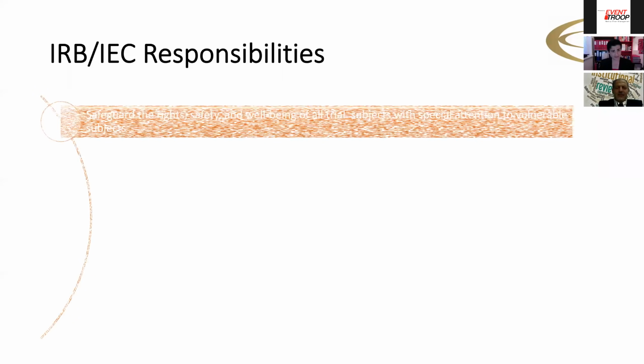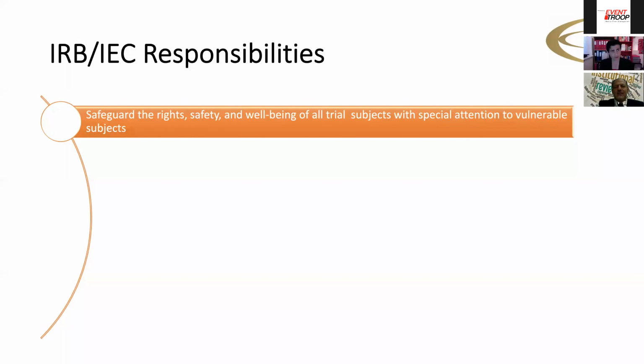Well, this is it. As IRB members, we are going to protect the rights, safety, and well-being of subjects with special attention to vulnerable subjects. Now, what do we mean by vulnerable subjects? Well, vulnerable subjects are those who may not be able to give fully informed consent, or are in situations where the consent may not be fully informed.